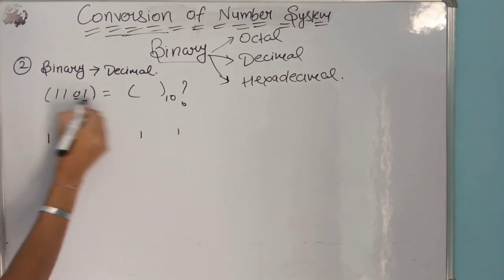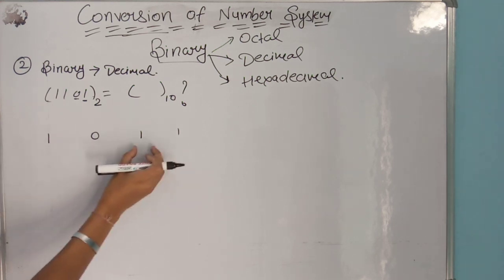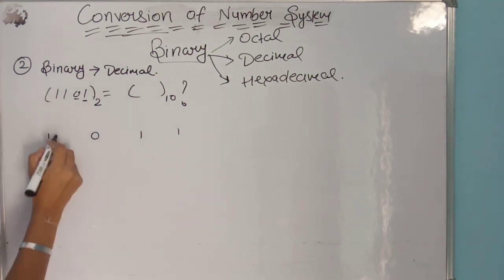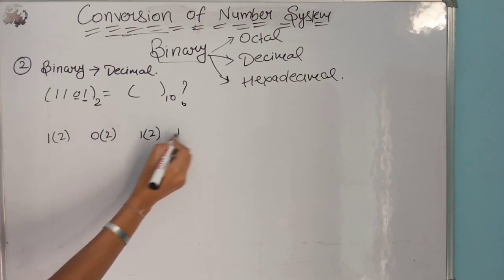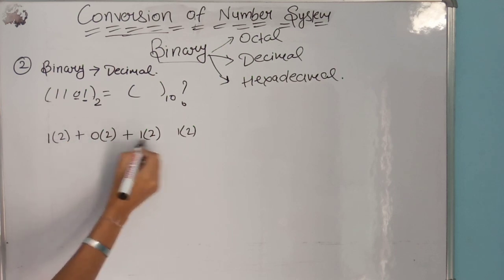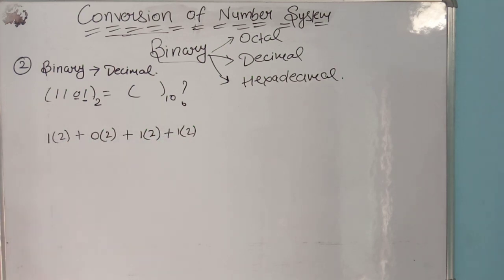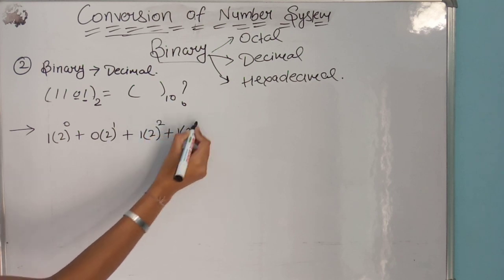So now this is the binary number. We multiply each digit with 2. So now multiply this with 2, this with 2, this with 2, and this with 2 also. Now we can insert the plus symbol after each digit. Now we insert the powers from the right side, and the powers start from 0. So now 0, 1, 2, 3.